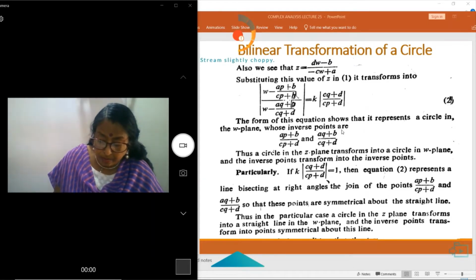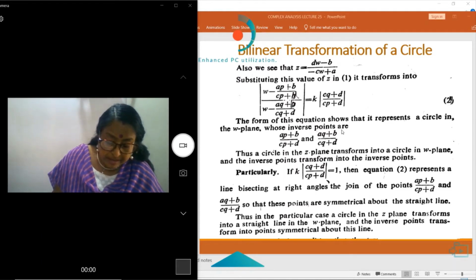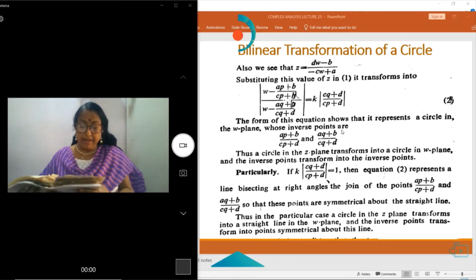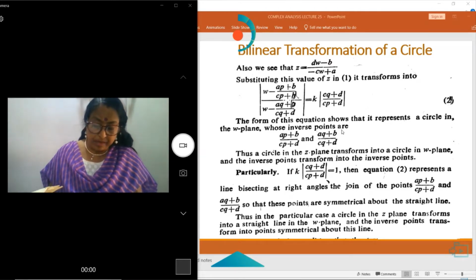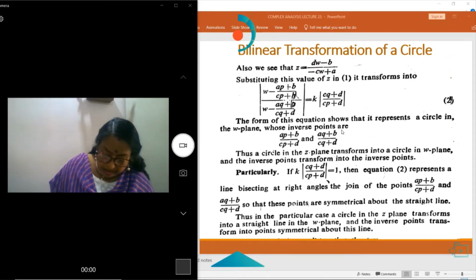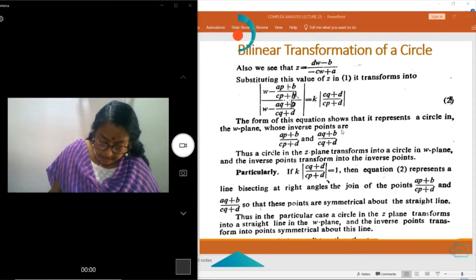This form of the equation shows that it represents a circle in the W plane, whose inverse points are (AP + B)/(CP + D) and so on. Thus, it is clear that a circle in the Z plane transforms into a circle in the W plane, and the inverse points transform into inverse points.